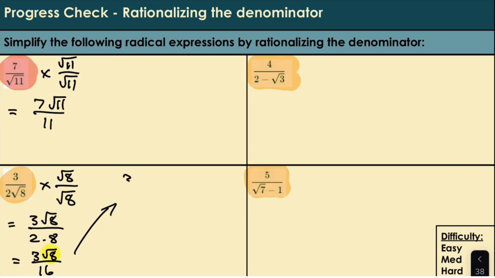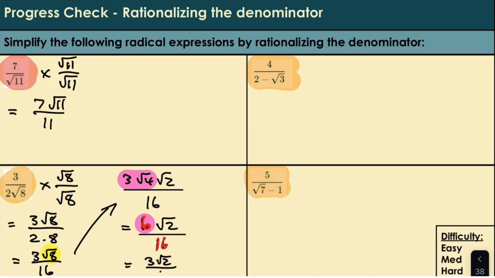So we're going to have 3 root 4 root 2, all of that over 16. 3 multiplied by 2 is 6. And then the root 2, and all of that is over 16. Now I can simplify the 6 and the 16. If I divide by 2, I will have 3 root 2 on top and 8 on the bottom.